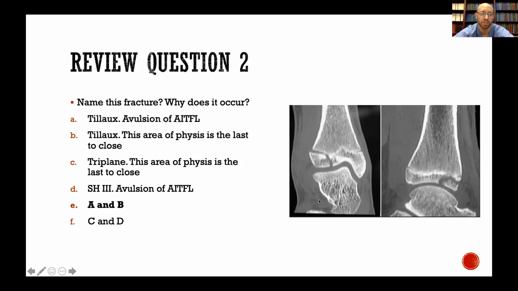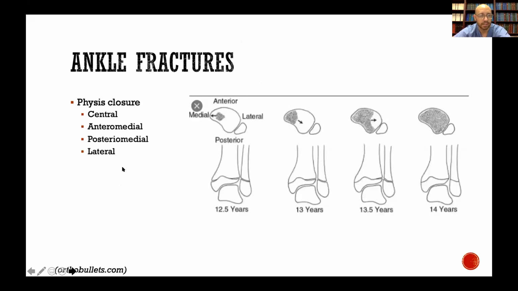It's caused by an external rotation force that is an avulsion through the AITFL, the anterior inferior tibiofibular ligament. It's due to this unique way of physis closure at the distal tibia: it starts centrally, then goes anterior medial, posterior medial, and the last portion is the anterolateral or lateral surface.